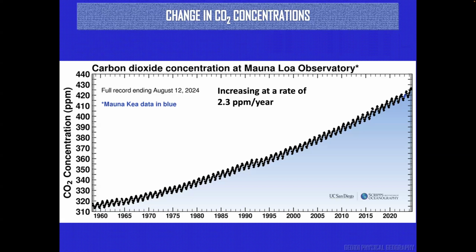And the reason you do it there is because Hawaii is a geographically isolated area of the world, and it's high up on a mountain, so you don't have artificial sources contaminating your reading. And that's why it's taken there. Another place on Earth where CO2 is recorded is what's called the Vostok ice cap in Antarctica. Obviously another isolated region.